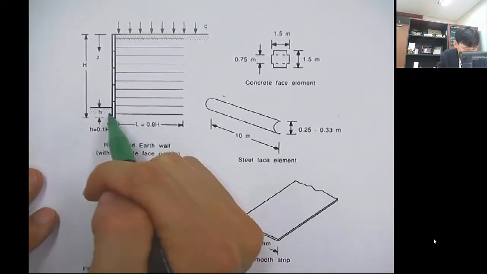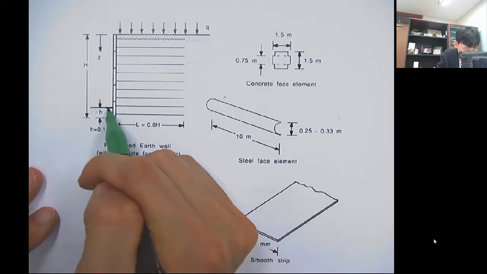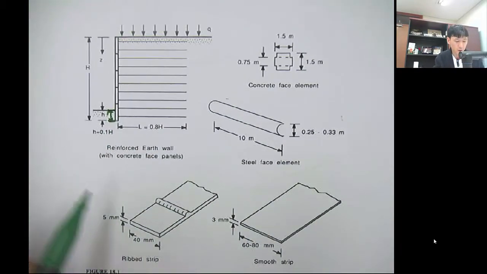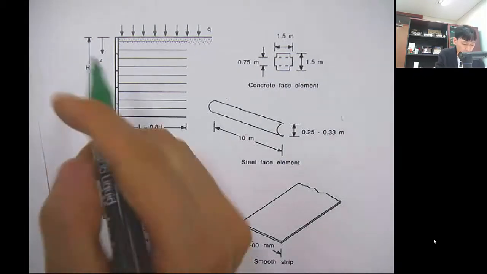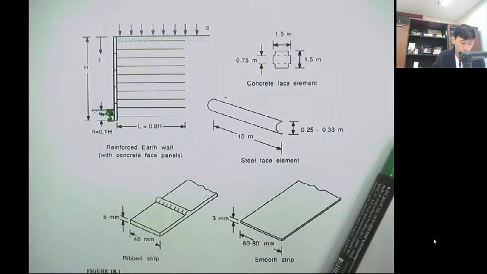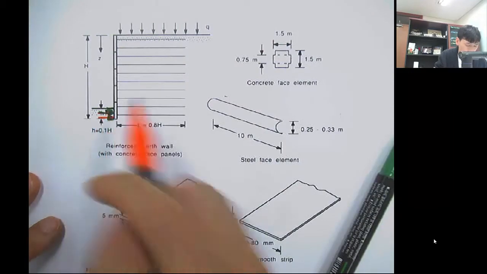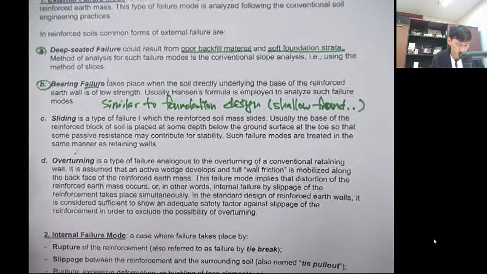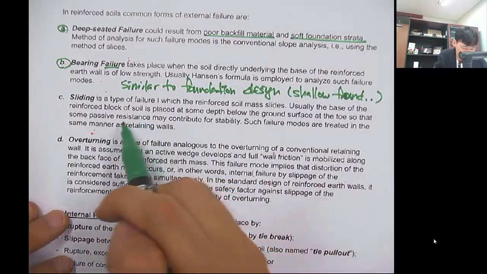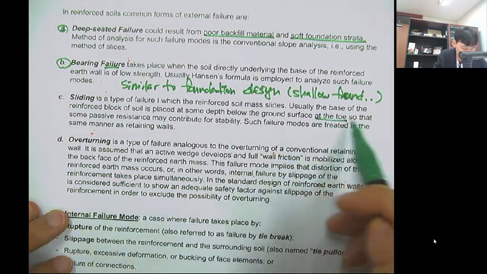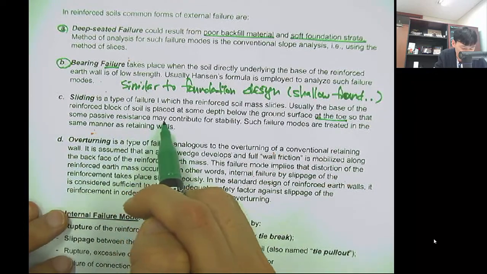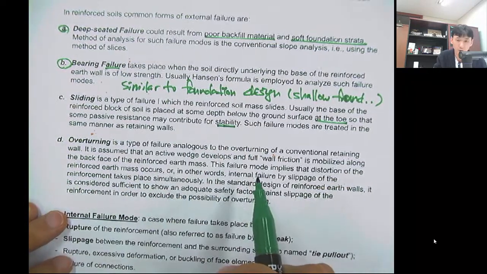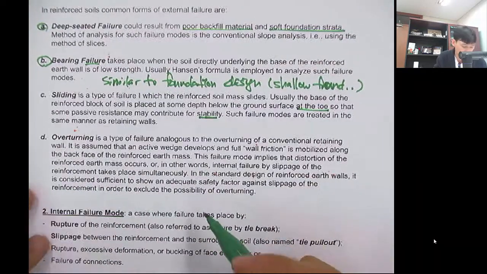So this means that you have some depth right here, and this gives you some resistance against the sliding failure, because you have some force in this direction, a kind of passive force. That means that at the toe, some passive resistance contributes to stability.